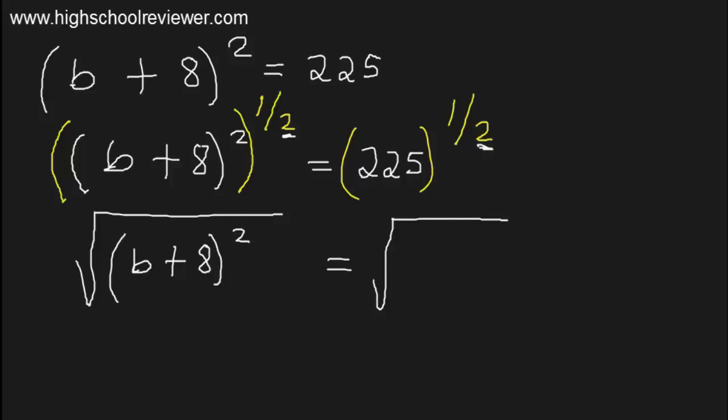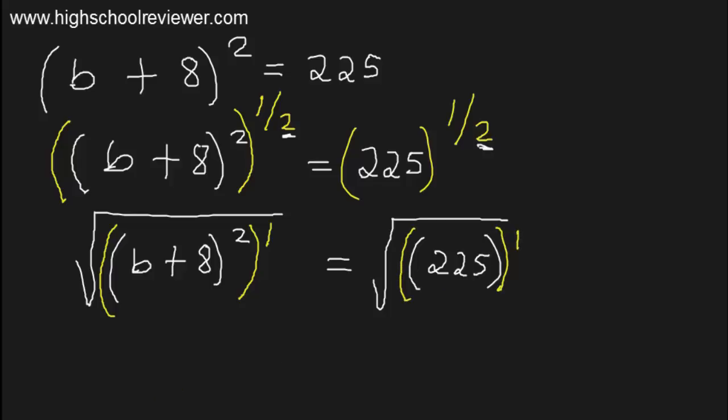And this will be raised to the exponent. The exponent here will be the numerator, so the numerator here is 1. And we will also have here the square root of the base, which is 225. And this will also be raised to the numerator, which is 1.